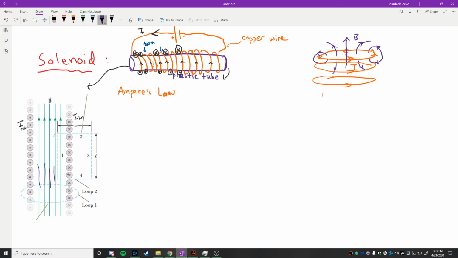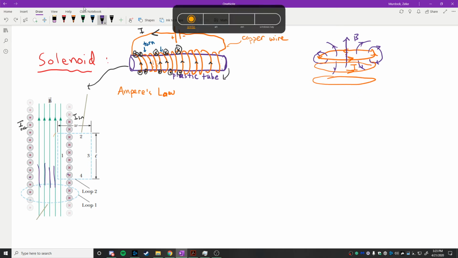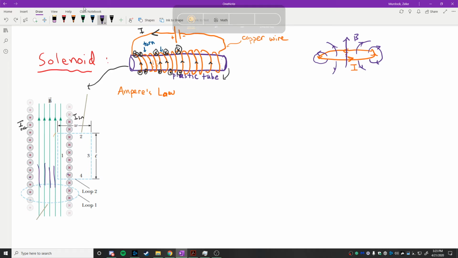Then at the center, as long as the current's flowing in the same direction, you're going to get these nice straight magnetic field lines like this. I'm going to erase these, but if one loop looks like that, multiple loops just keep adding together the magnetic field and it just gets straighter and straighter on the inside, right?